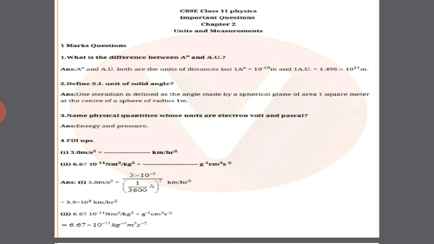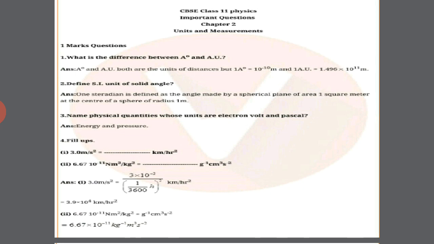Okay, let's fill up the blanks. See, 0.3 meter per second square. We need to convert it into kilometer per hour. So what we need to do? 3 into 10 to the power minus 3 upon 1 upon 3600 square.